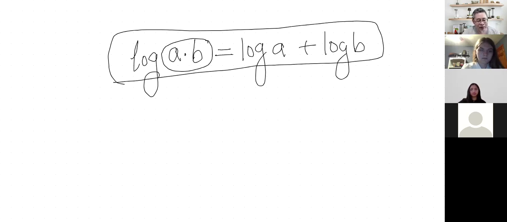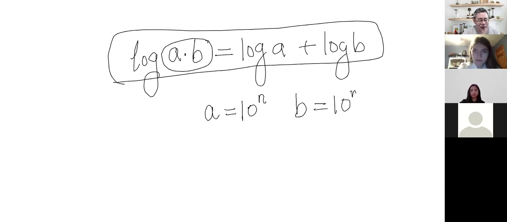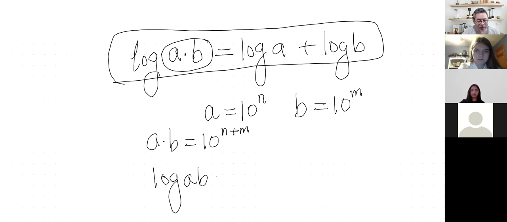Because we're looking at base 10, we can write A as 10 to the n, and B as 10 to the m power. Therefore, A times B is 10 to the n plus m. So log AB will be equal to n plus m.